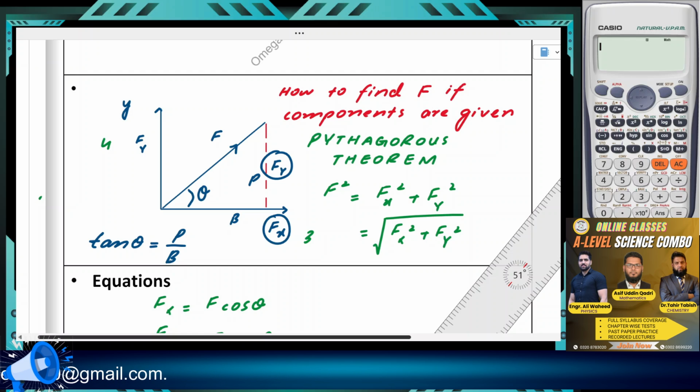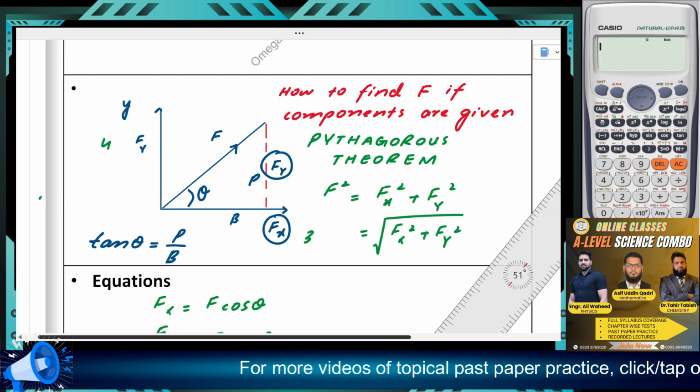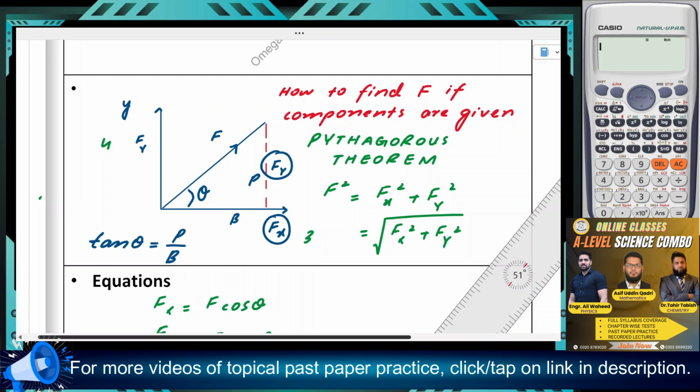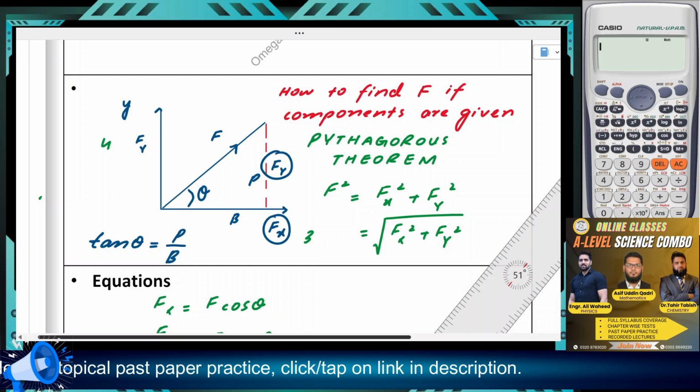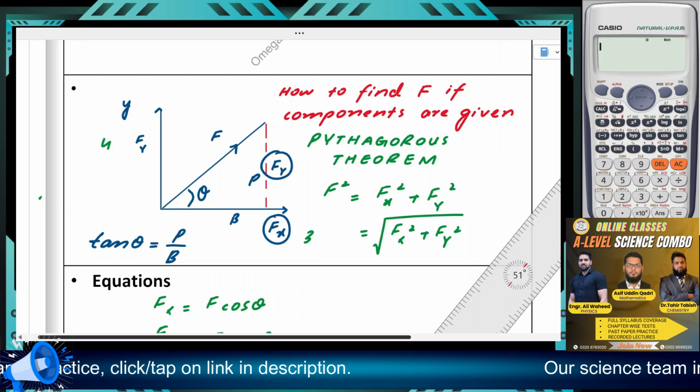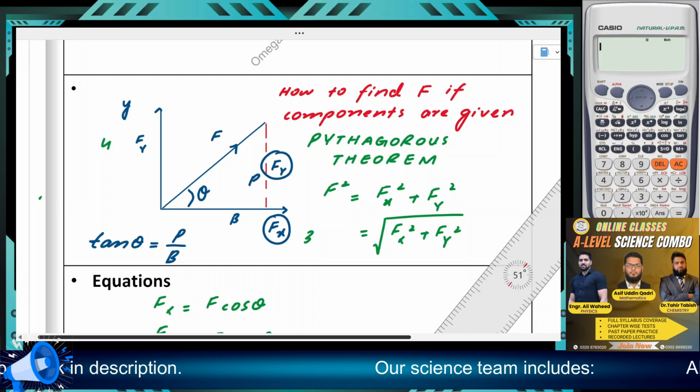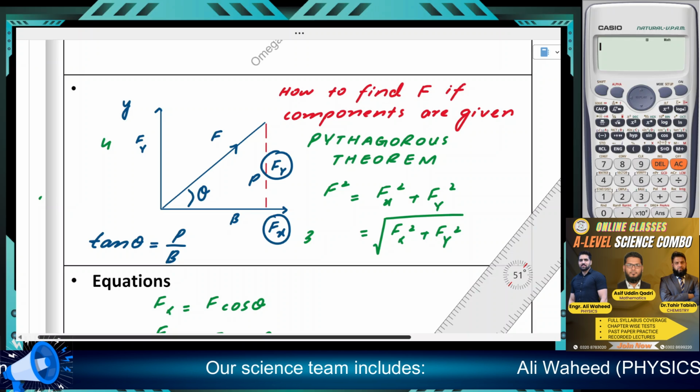Alright, so the next thing is, what if you're provided with one of the components, let's say fx is given, which is 3 Newton. Let's suppose, and the angle is also given. Let's go with a little bit different. The angle is also given.